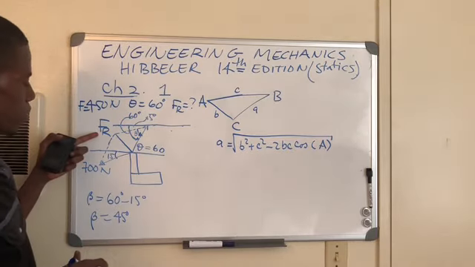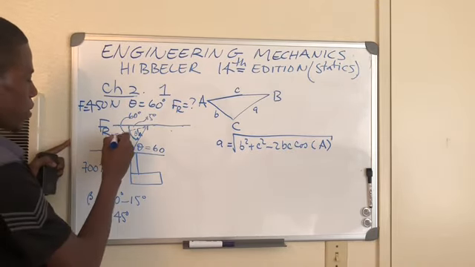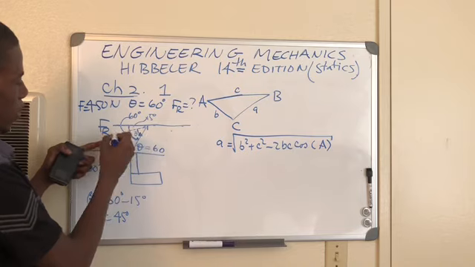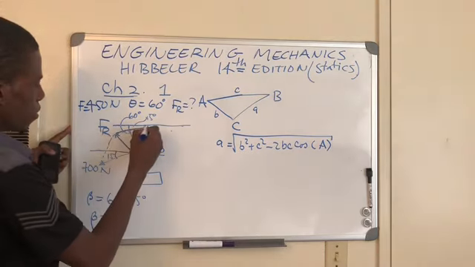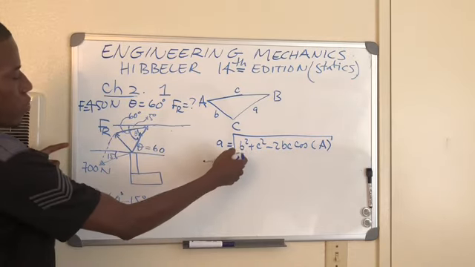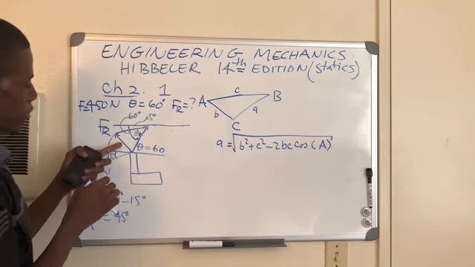To find the resultant force now, looking at this triangle, what can we say from the law of cosines?